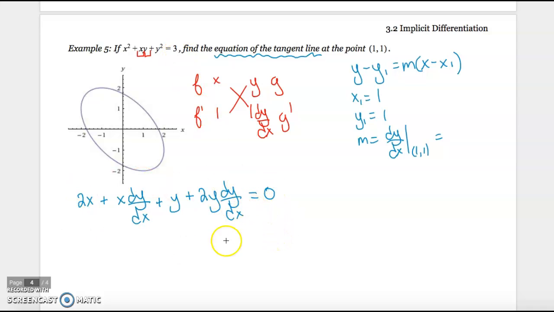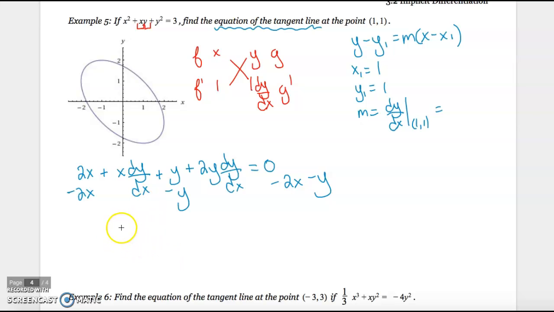I got to get everything with a dy dx on one side and everything without a dy dx on the other side. So I'm going to go ahead and subtract these because it's just less writing. So then I have x dy dx plus 2y dy dx equals negative 2x minus y.